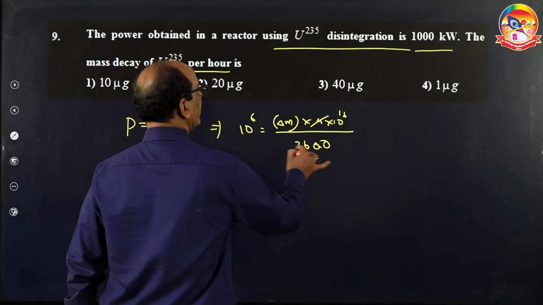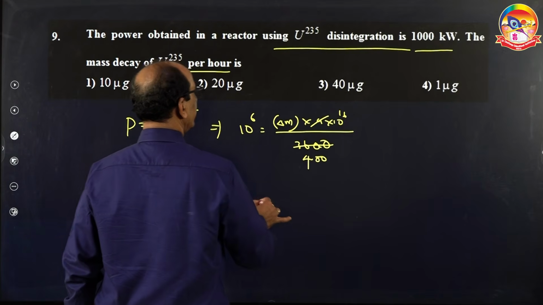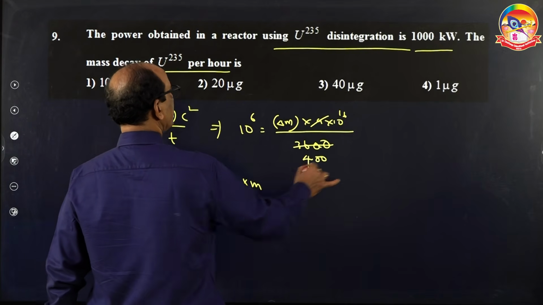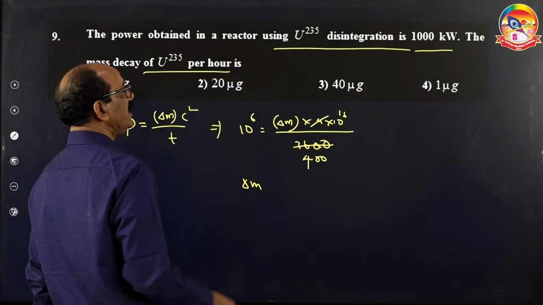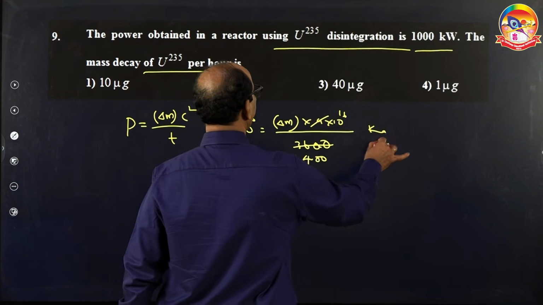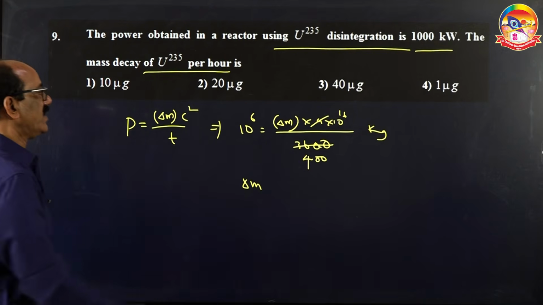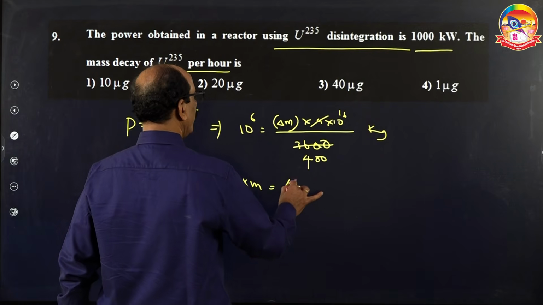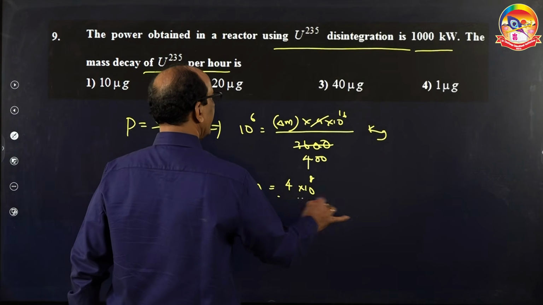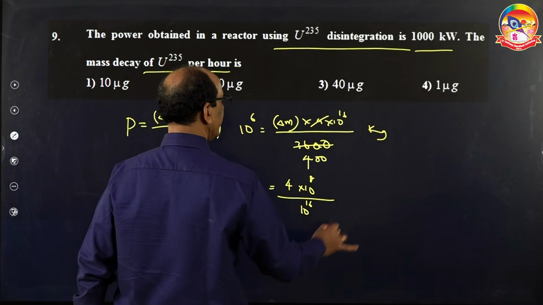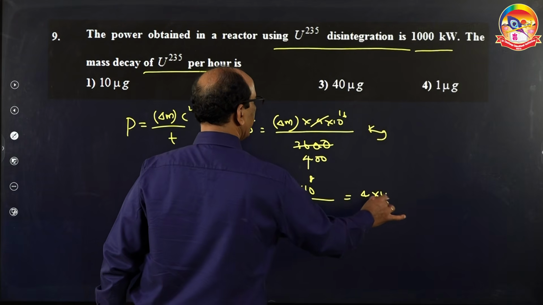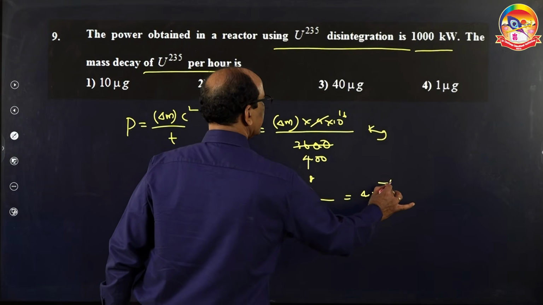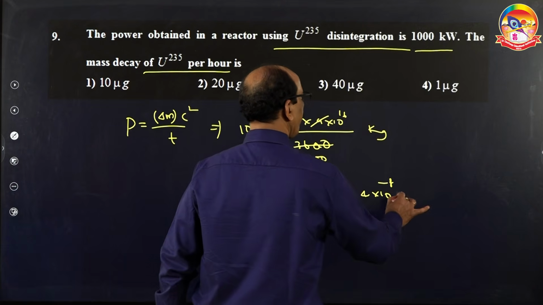So obviously it is 400. So this many we get in kg because we have taken SI. So delta m is equal to 4 into 10 power 8 by 10 power 16. So that is 4 into 10 power minus 8 kg.